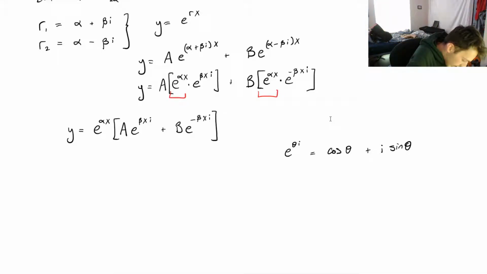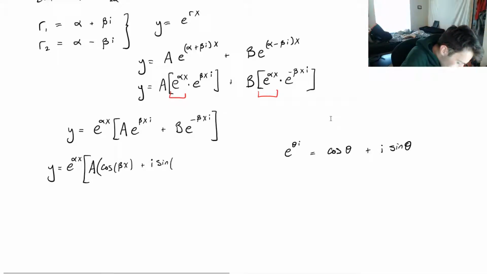We're going to express this as e to the alpha x, and then in brackets here, I'm going to have a times cosine of beta x plus i times sine of beta x, okay? Plus, and remember, this is just this first part here, okay?